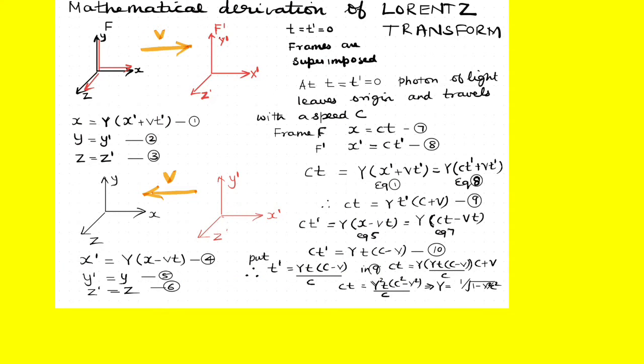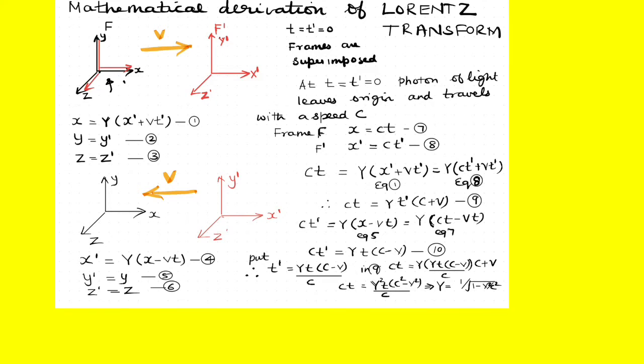Now that we have seen the difference between the Galilean and the Lorentz transform, let's derive the length contraction coefficient. I would like to consider two reference frames. They are actually two reference frames superimposed at this point.